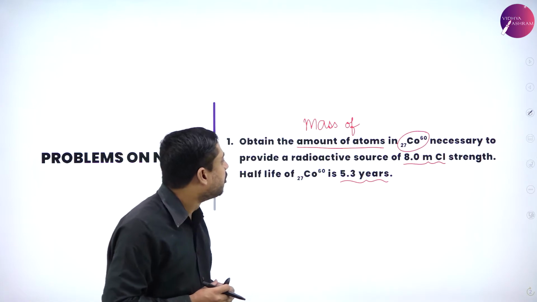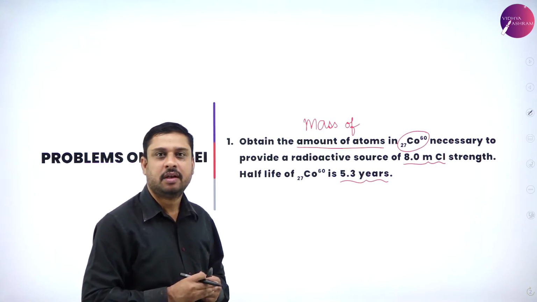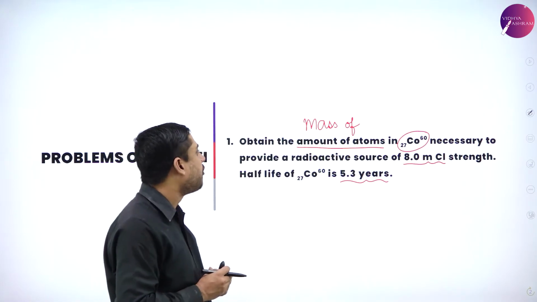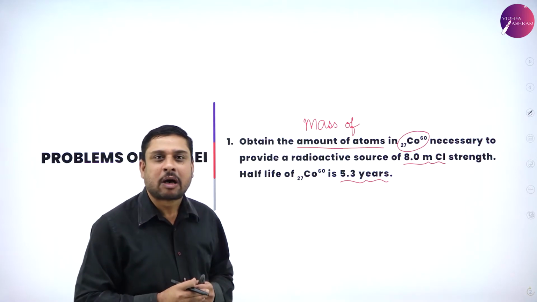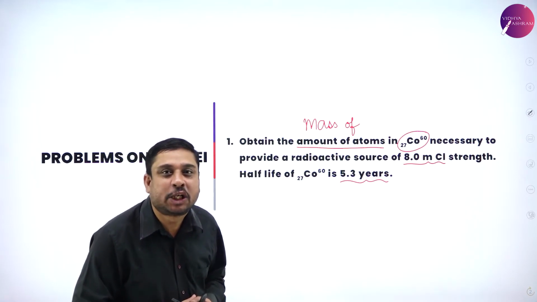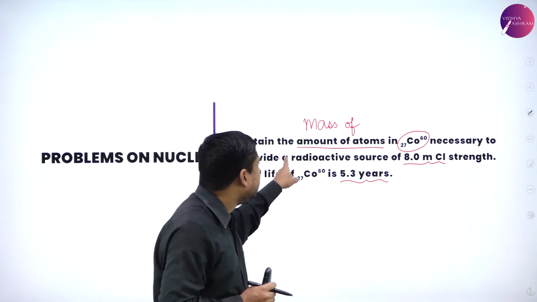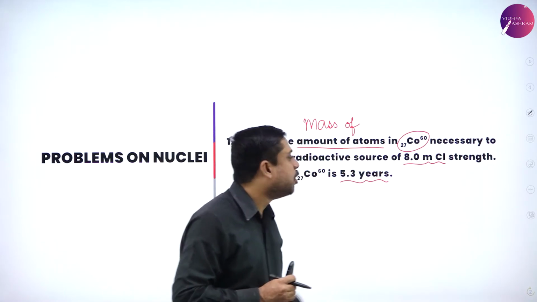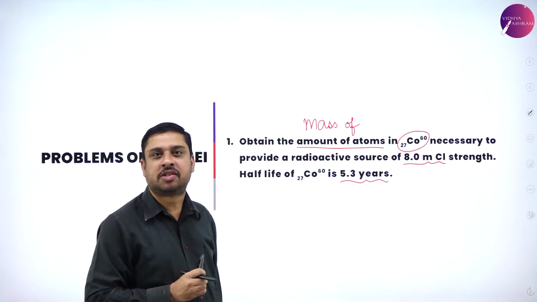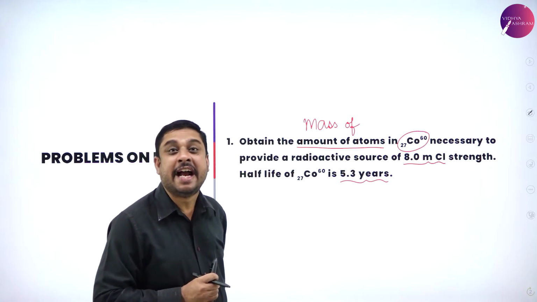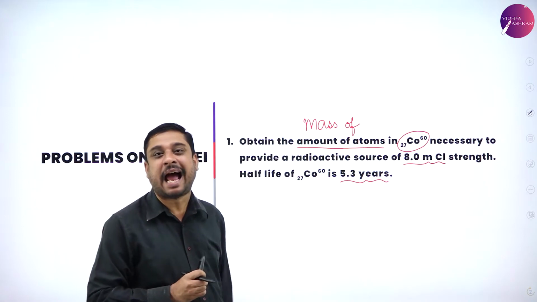I will have to find the mass of Cobalt 6027 that is giving me a radioactive source of 8 millicurie strength.